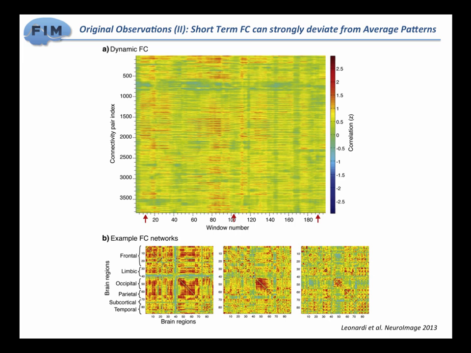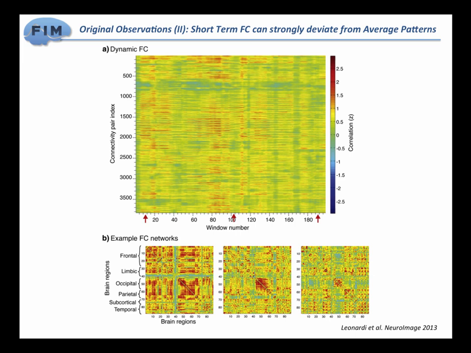And you can see that this is not flat across the horizontal direction, but actually there are periods where there is a strong connectivity in these connections, then this appears, then it comes back. If we were to take one of these columns and put it back into the connectivity matrices that we're used to seeing, we see that these matrices are quite different across time.